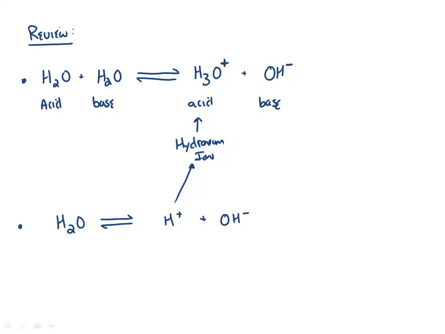And what we said is that an acid means we have excess H+. A base means that we had extra OH-, and we said it would be neutral if the concentration of OH- equaled the concentration of H+.